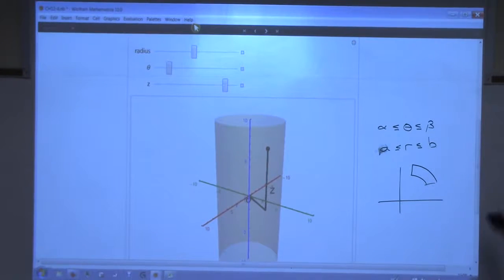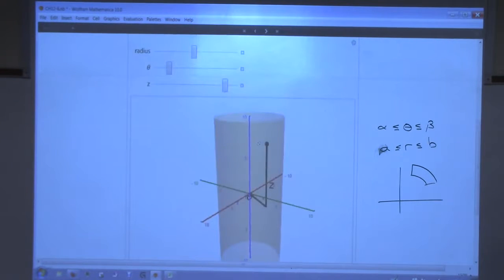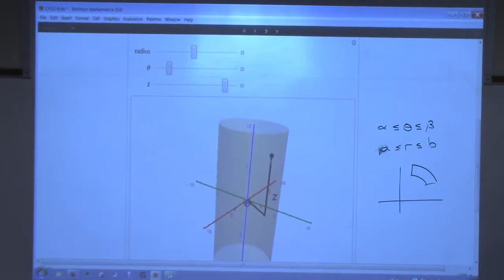I remember the first time I was introduced to this, my professor, he was pretty cool. Because we think about Earth, we live in three-dimensional space, right? The planet we live on is a sphere, right? And we'll have spherical coordinates coming up soon. This would be a planet that would look like a cylinder.